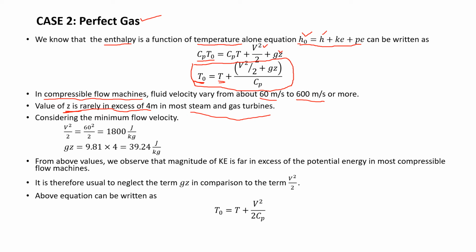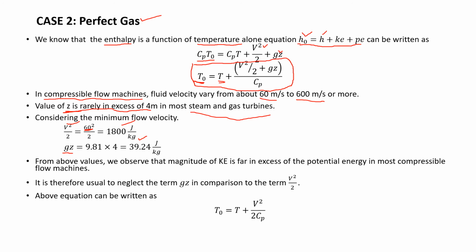Now let us consider the minimum values of velocity and z. For kinetic energy I am substituting the minimum flow velocity, that is 60 meters per second, so we get 1800 joules per kg. And considering minimum datum height, we get 39.24 joules per kg.